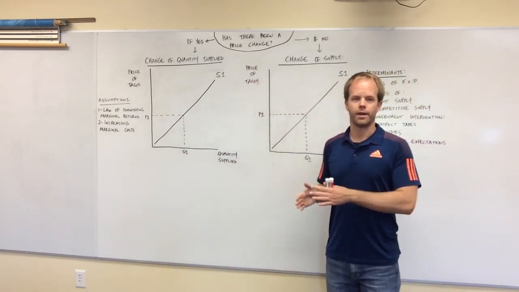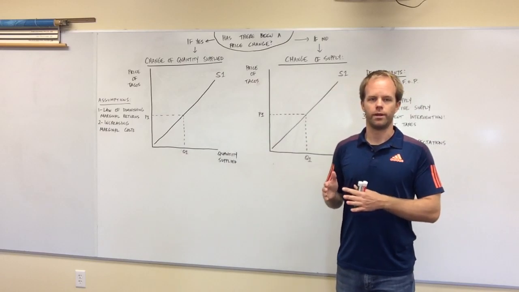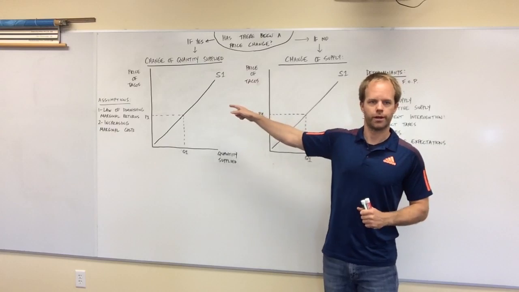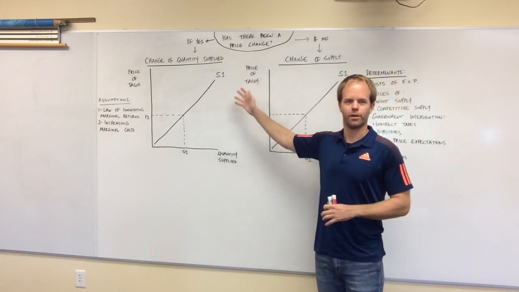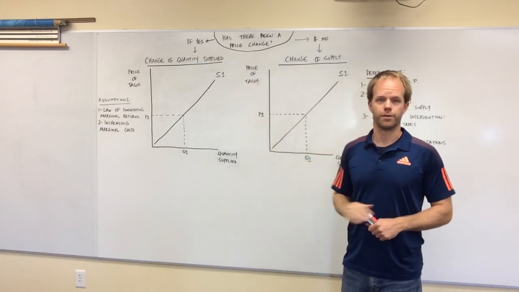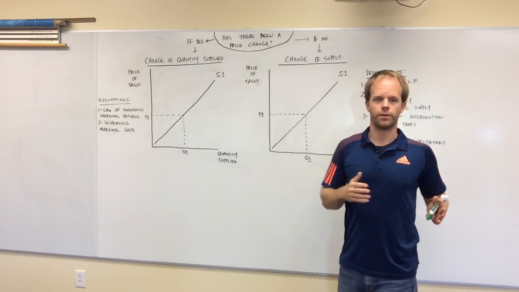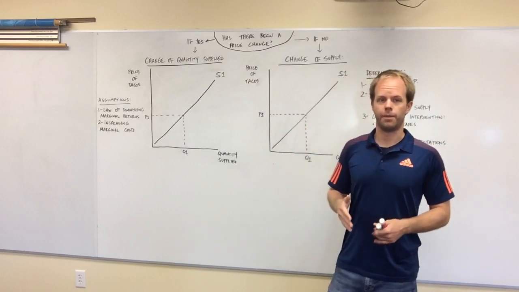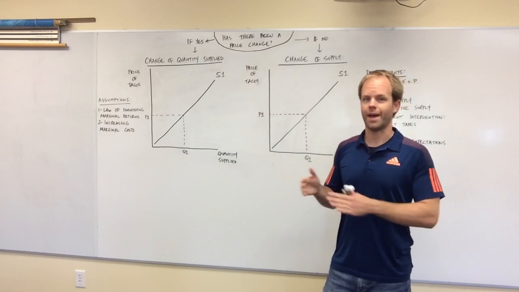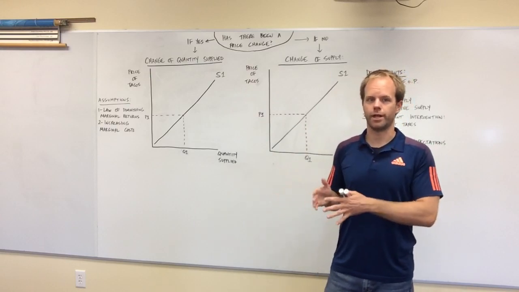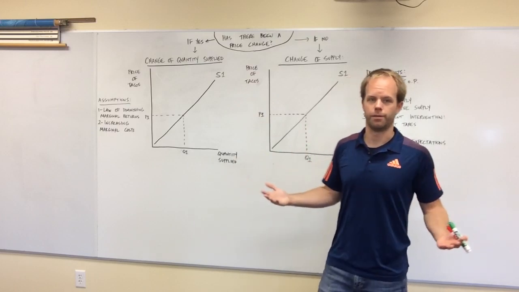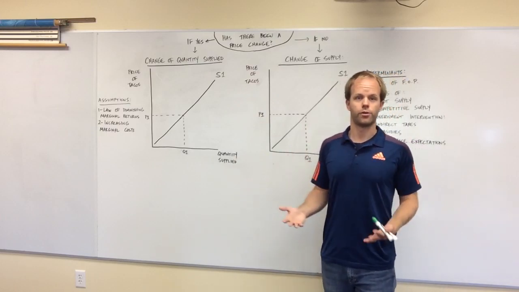That idea says that when a small operation, like a taco truck, and this is a market I think we can all identify with, the market for tacos, if there's a locally owned operation and they only have one truck, and they add an additional truck and have 2 taco trucks, then they're going to expand their production by 100%.